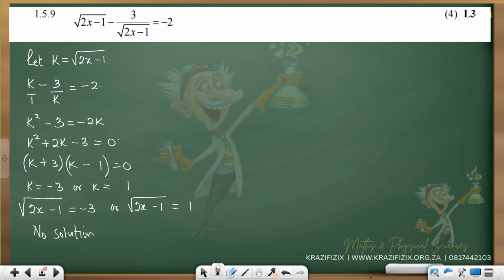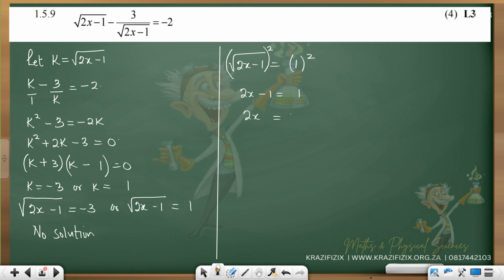Then we come here and work this out. Root of 2x minus 1 equals 1. Can we square both sides? 2x minus 1 is 1, 2x equals 2, so x equals 1. This is one method. In case you didn't do it this way, please write this down quickly.